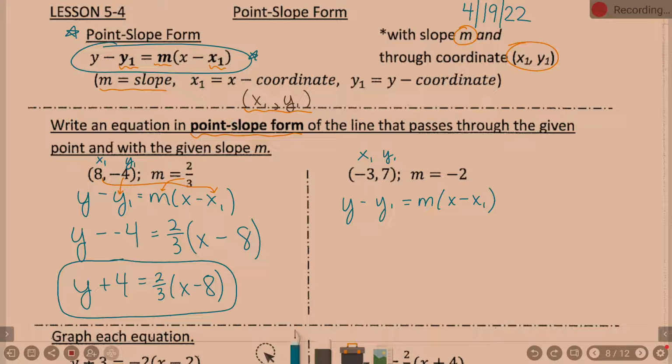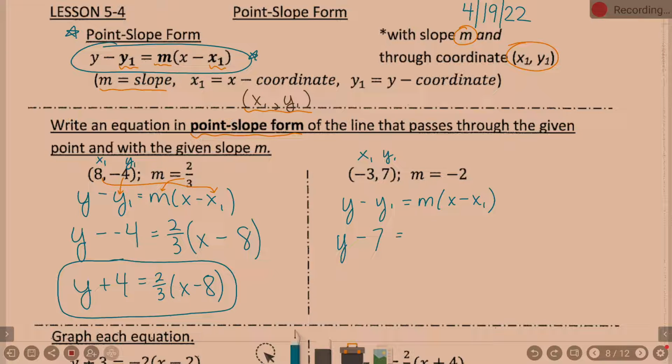Okay. Use the last example to model for us. I want one of you to tell me, how am I going to rewrite y minus y1? Y plus 7? Okay, hold on, one piece at a time here. If it's y minus y1, it's y minus, what's the y value? 7.